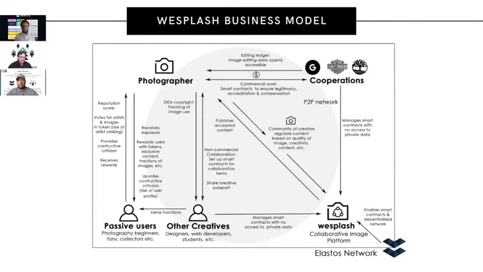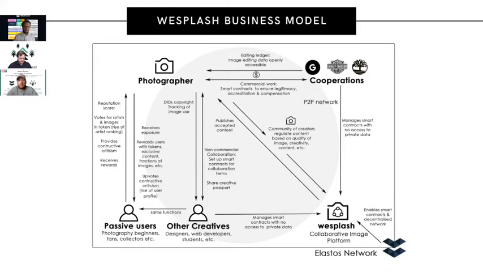So let's start at the left-hand side first. This is where she focused on that community building. So what she says is that we want to have a kind of peer-to-peer reputation system for creative work. So whenever a photographer uploads something, it should be the community that builds that reputation for that photographer.